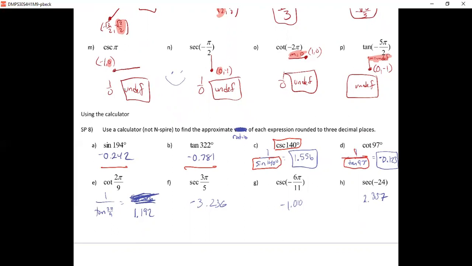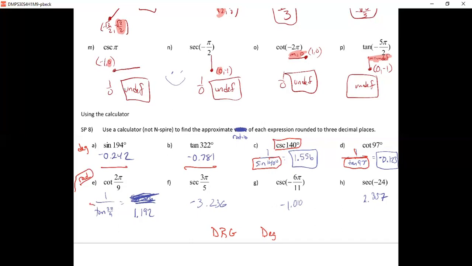Make sure that you know how to use your calculator to do the difference between degrees and radians. So you have a button that typically says either D or G for degrees, radians, and gradients, or you have a button that says deg on it for degree, and you want to turn it into radians when you're working with actual radians.